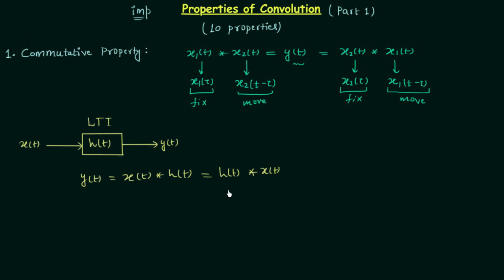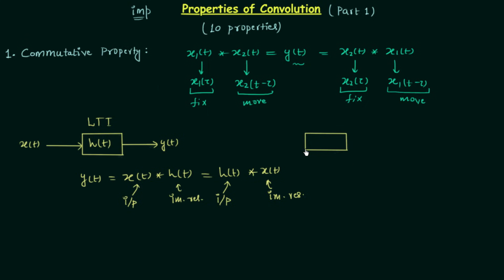So here the role of input and impulse response is switched. In this, h(t) is the input and here x(t) is the impulse response. But in this case, x(t) is the input and h(t) is the impulse response. So we can have a system whose impulse response is equal to x(t).